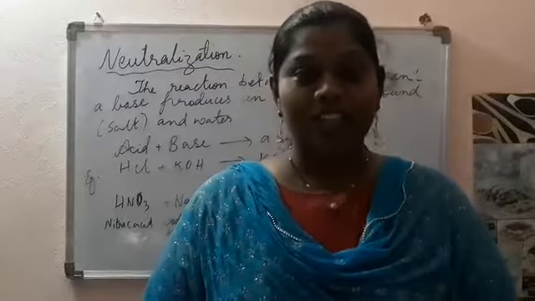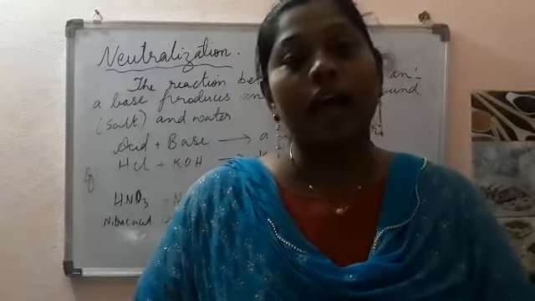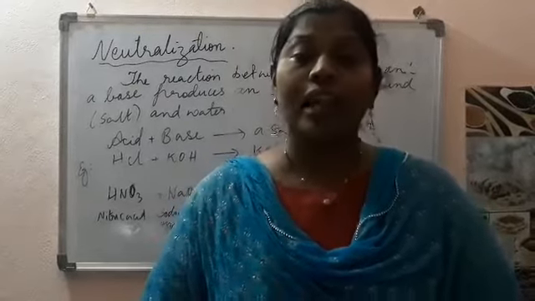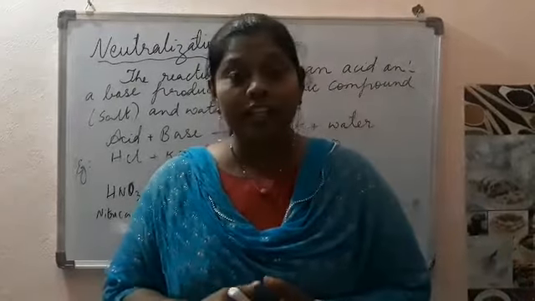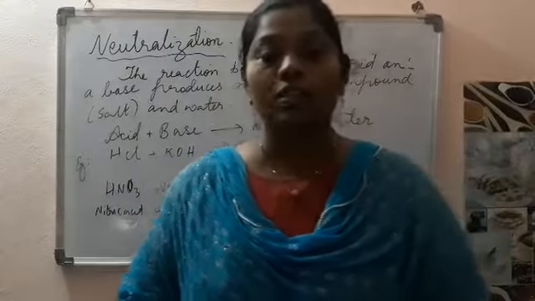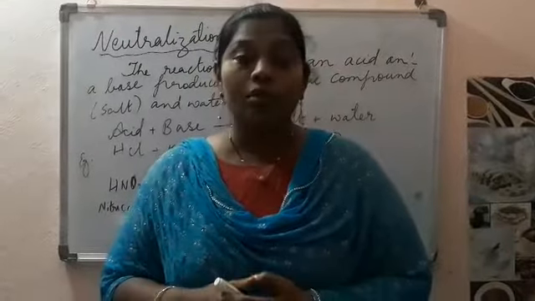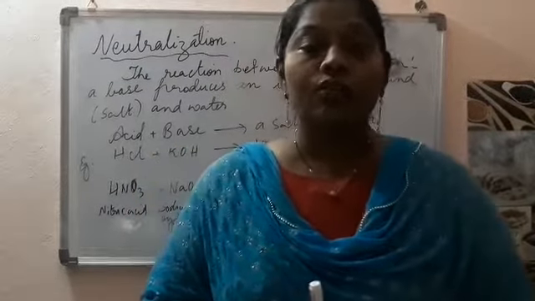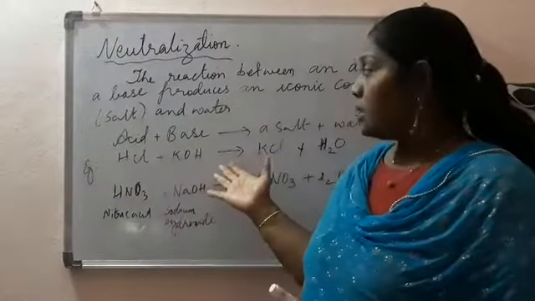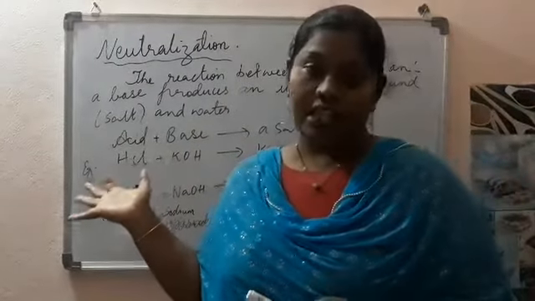Neutralization reaction. See, you have to do this experiment in the laboratory by diluting the acids. We cannot directly use the concentrated acids. Why? Because while using concentrated acid, we have to take care. Okay children. So here the neutralization reaction is taking place.